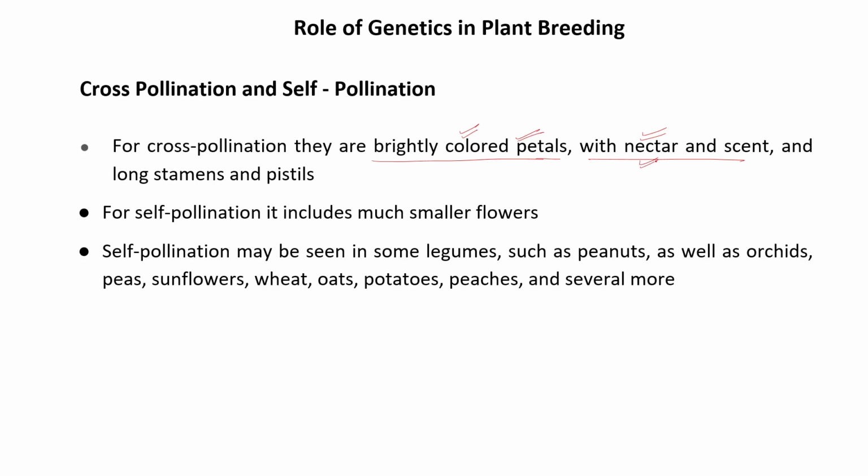They also have nectar and scents and long stamens and pistils so that the stamen could be clearly visible to insects. Same with the pistil, right? This is the adaptation of insect-pollinated flowers, that they have long stamens and pistils like this.